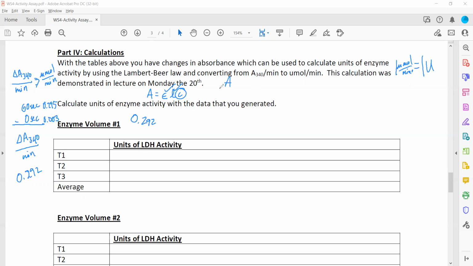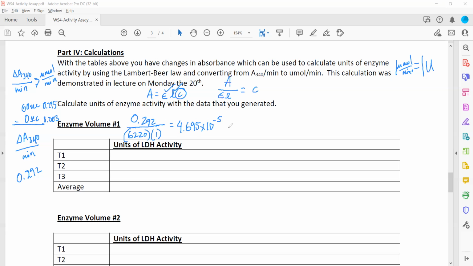So A divided by epsilon times L equals C. So my delta A340 of 0.292 is divided by 6220, which is my extinction coefficient, times 1. I'm going to use my calculator on my computer, 0.292 divided by 6220. That gets me a value of 4.695 times 10 to the negative 5th.